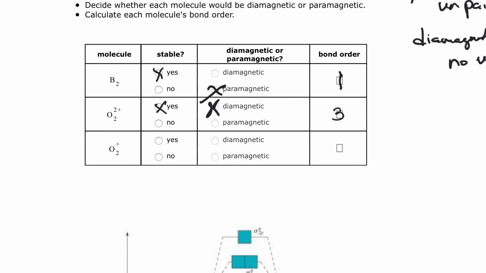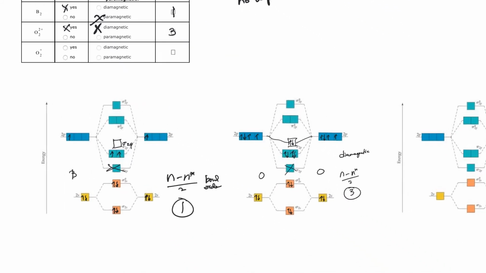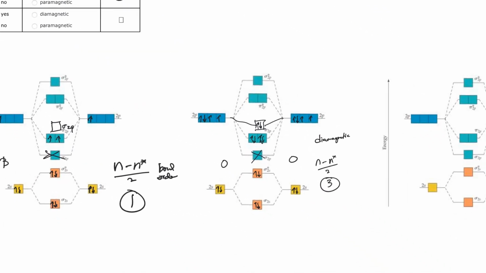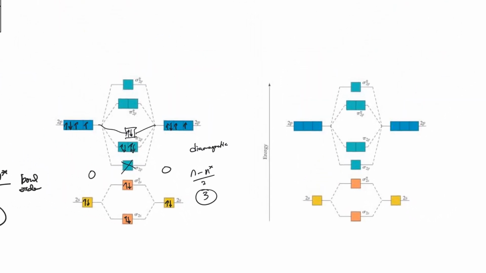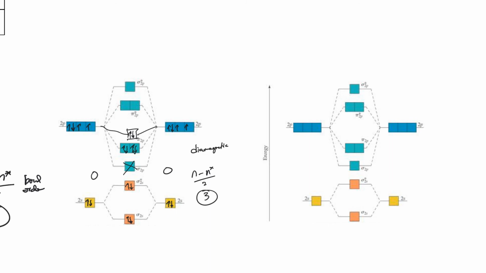Now what we're going to do with this third one is the same. It's oxygen, but instead of 2+, it's 1+. So how do I figure that out? I'll just leave this so you can see it.